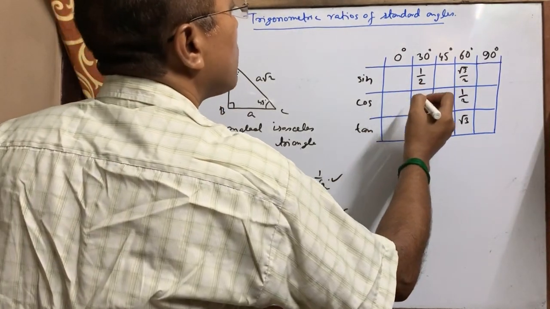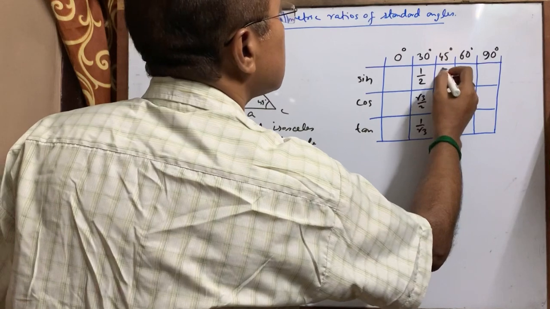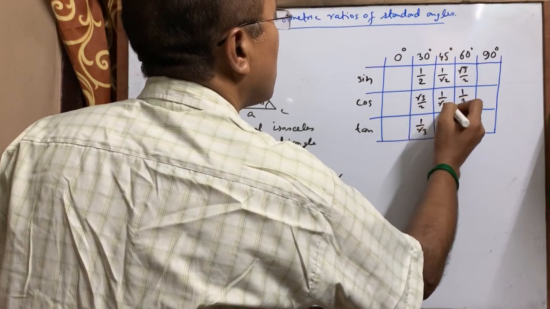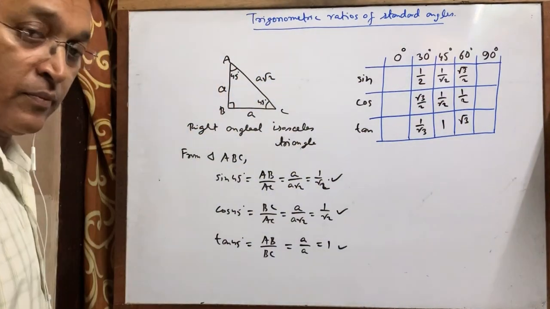Now we have found the values of 45 degrees. Sine 45 is 1 by root 2, cos 45 is 1 by root 2, tan 45 is 1.